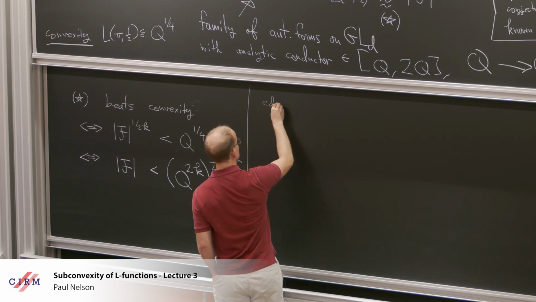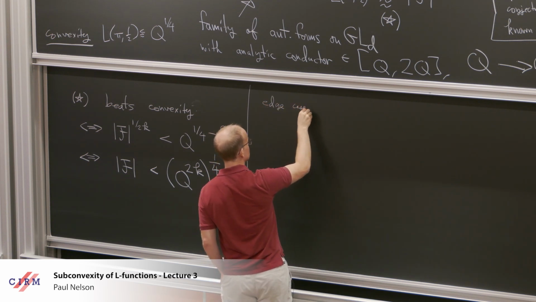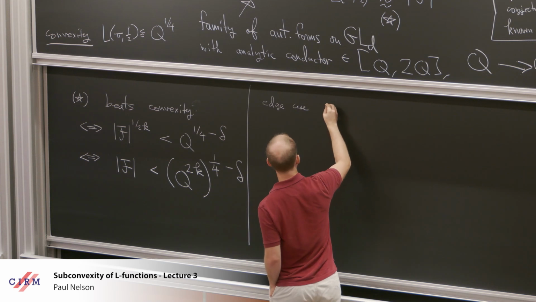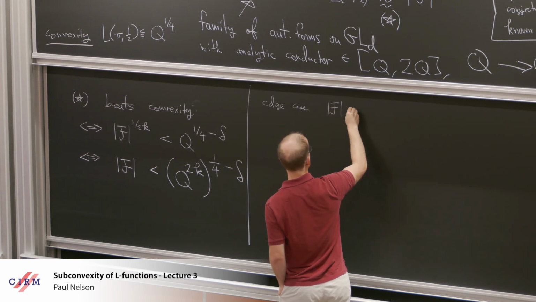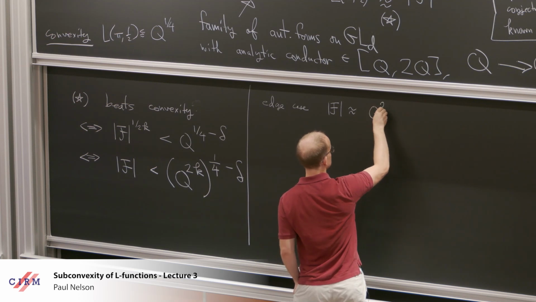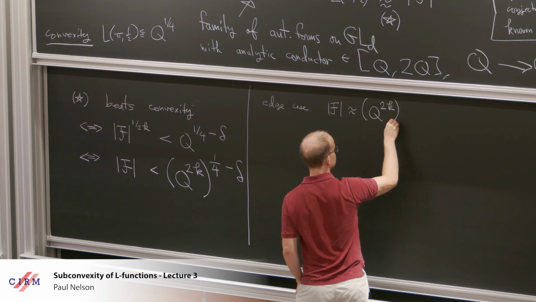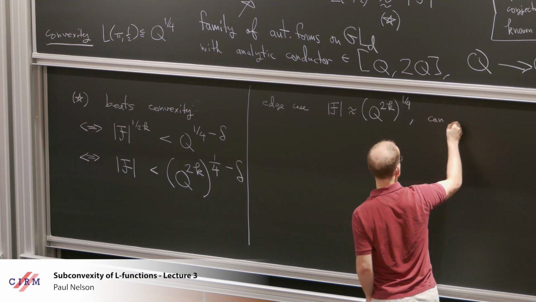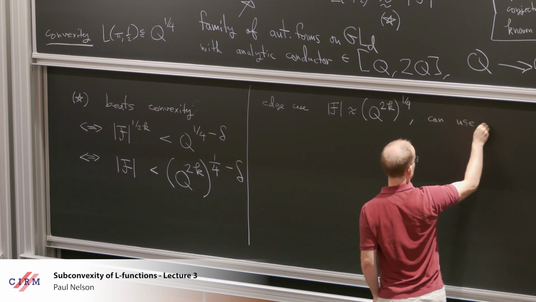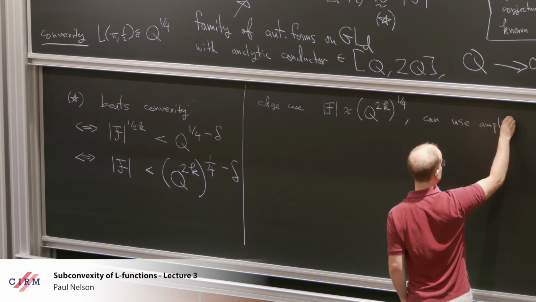So in this edge case, where the family size is comparable to the fourth root of the conductor, one can try using the amplification method.